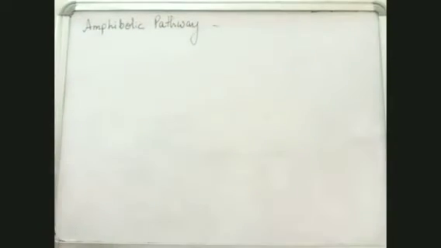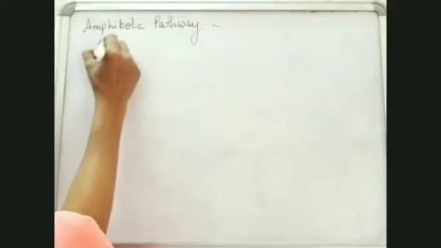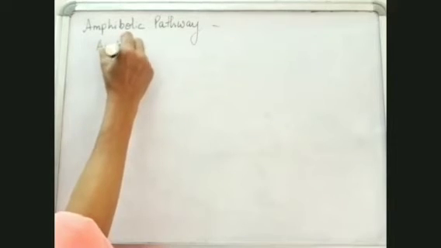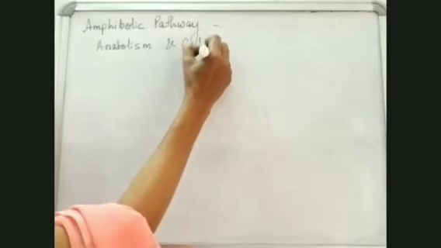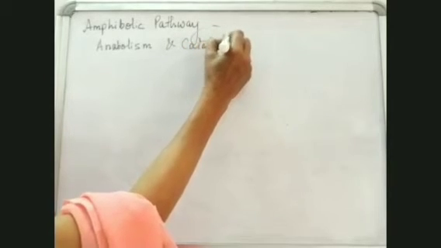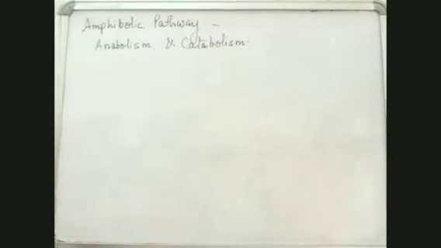What is the amphibolic pathway? See, there are two terms, if you have done them before. The two terms are anabolism and catabolism.